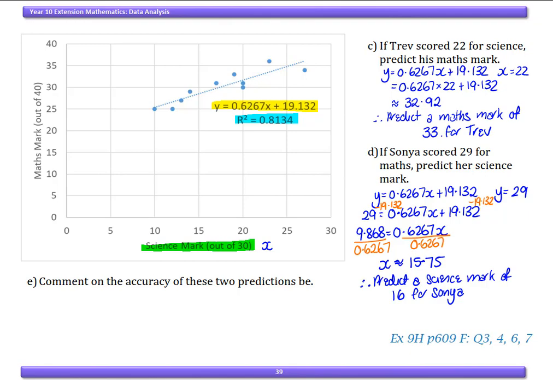Now, comment on the accuracy of these two predictions. Now, when we're looking at Trev, he had a science mark of 22, and you can see that our science marks in our original data went from 10 to 27. So for part C, that's an interpolation.